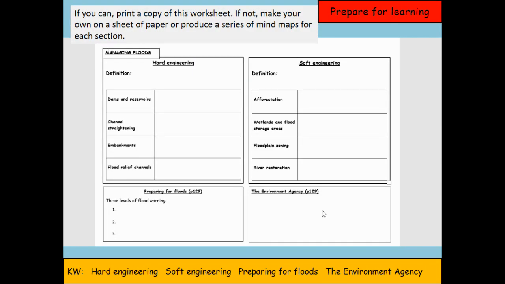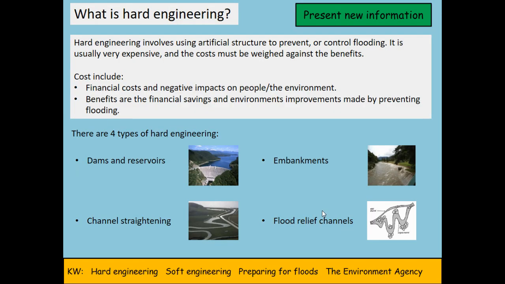Okay, so this is the worksheet. So if you have got a printer, print it off. Brilliant. If you haven't, just copy one up. And we're going to go through each of the methods. So hard engineering usually involves a structure.